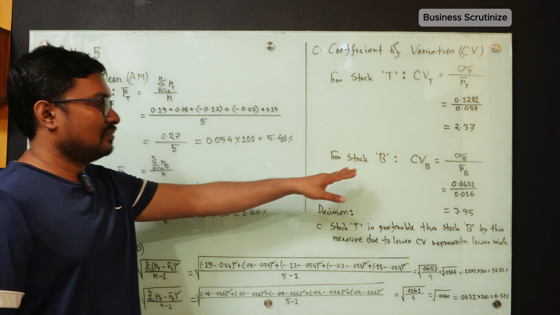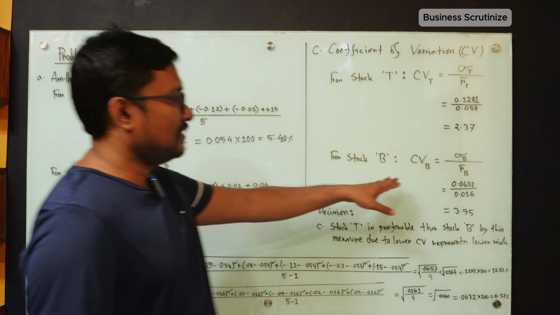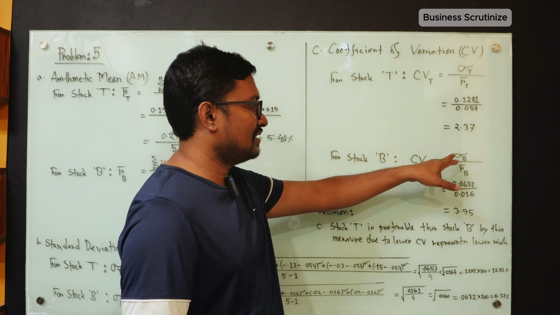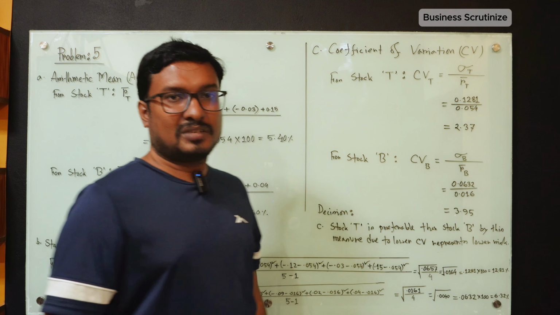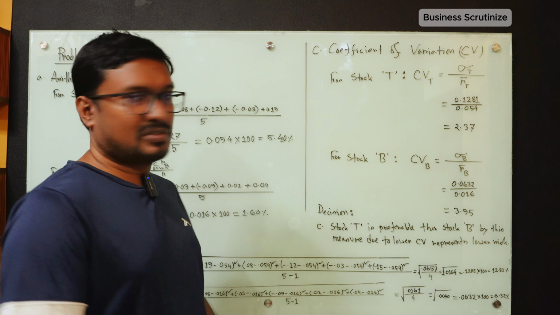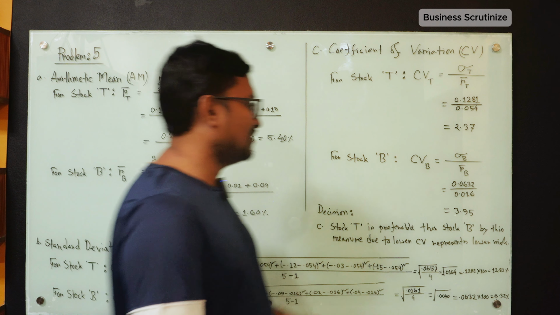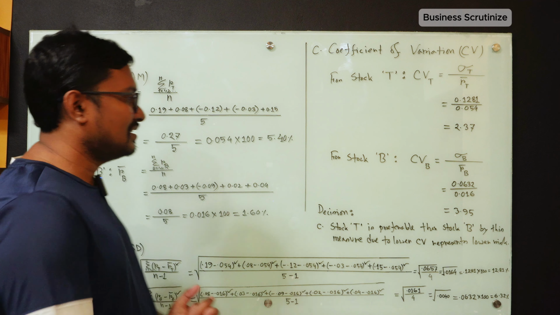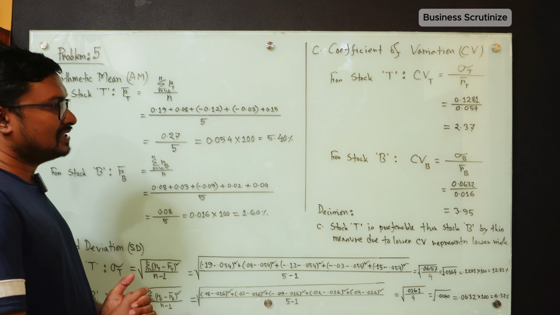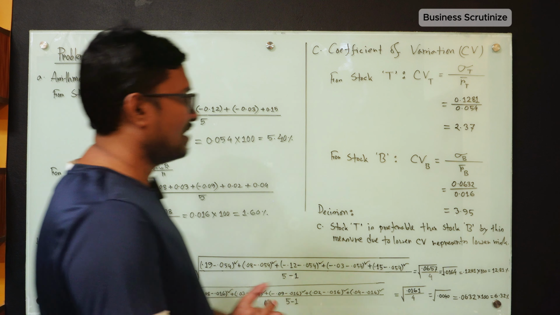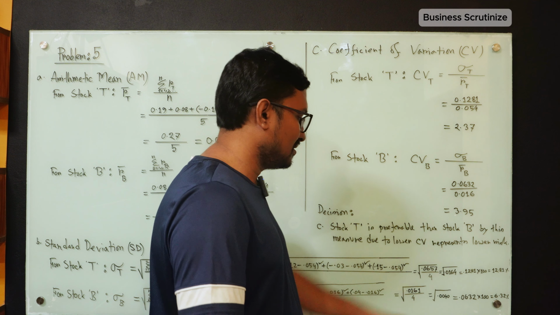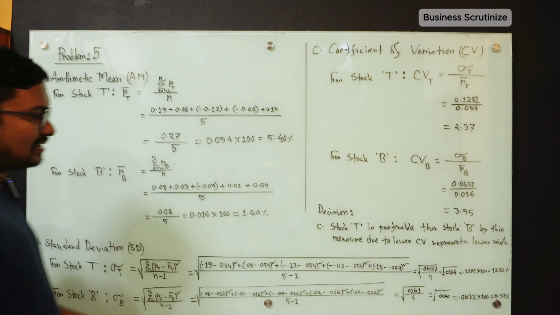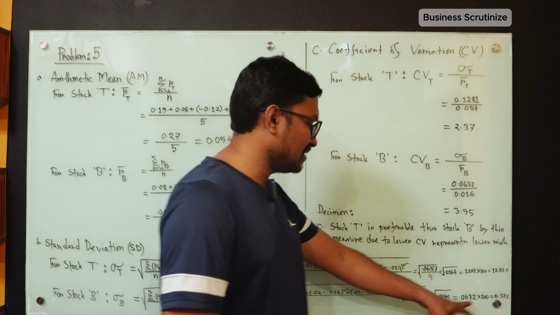And for stock B, it is CV for stock B, and we write in the numerator sigma B, the standard deviation for stock B, divided by R bar B, the mean return or average return for stock B. We have already computed the standard deviation for stock B, so it is 0.0632.